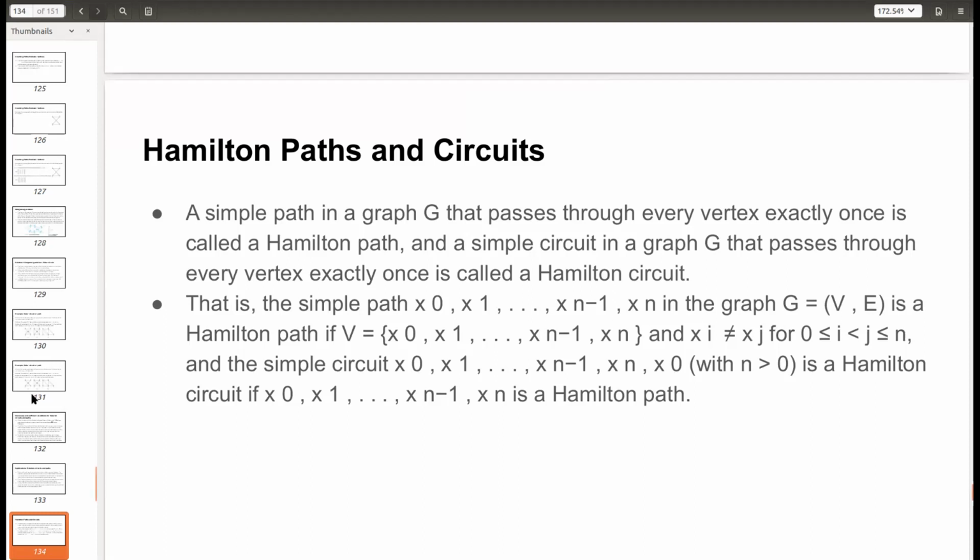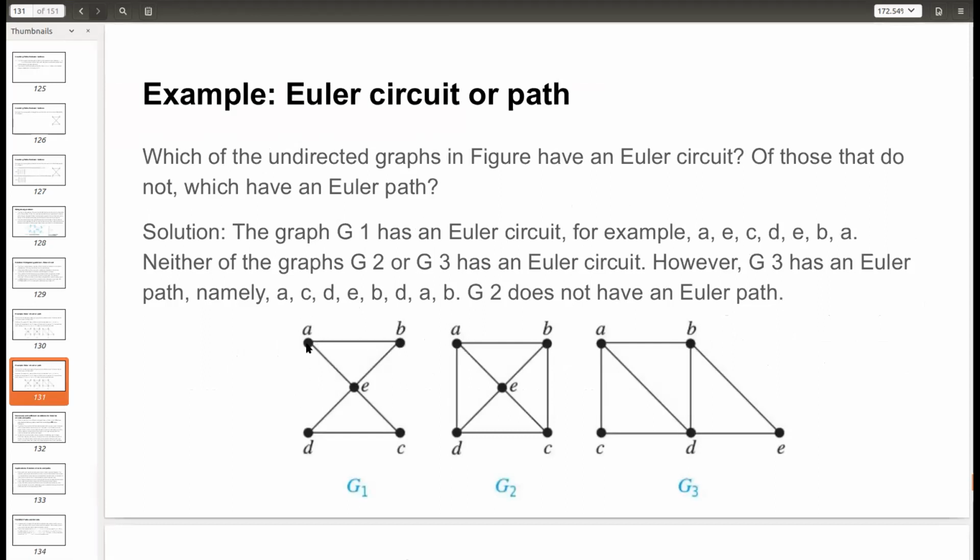So if you look at this case, if you want to cover all the edges, you find an Eulerian circuit. Suppose you choose these paths A, B, B, E, E, D, D, C, C, E, A, E, A. So you can see all edges have been traversed exactly once. But if you look at the vertex E, it has been visited twice, right? So in Hamiltonian paths or circuits, this is not allowed. You need to visit the vertices exactly once, right?